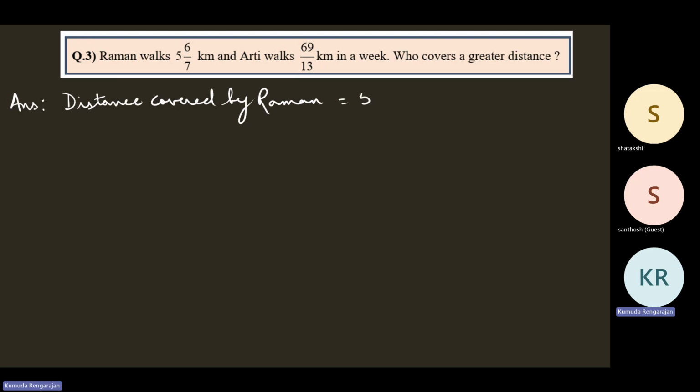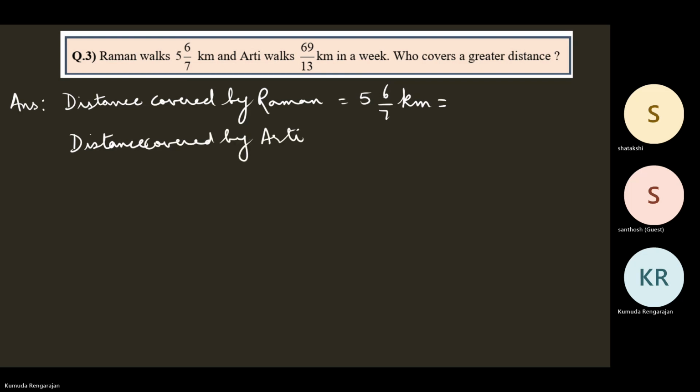Distance covered by Raman is equal to 5 6 by 7 kilometers, which is equal to, tell me. What is 5 6 by 7 kilometers, children? 41 by 7.